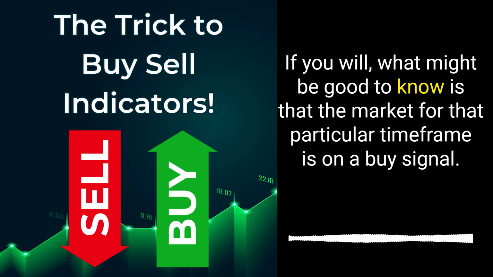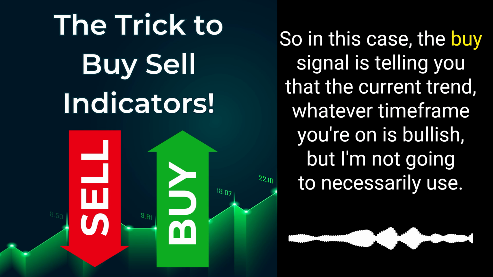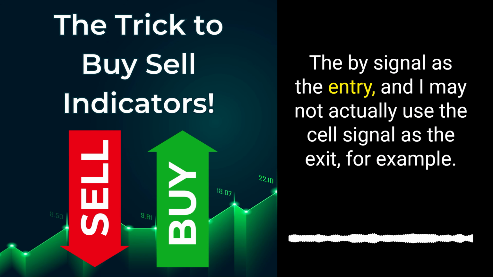What might be good to know is that the market for that particular time frame is on a buy signal. So in that case, you may start looking for long setups, right? So in this case, the buy signal is telling you that the current trend, whatever time frame you're on, is bullish, but I'm not going to necessarily use the buy signal as the entry, and I may not actually use the sell signal as the exit, for example.